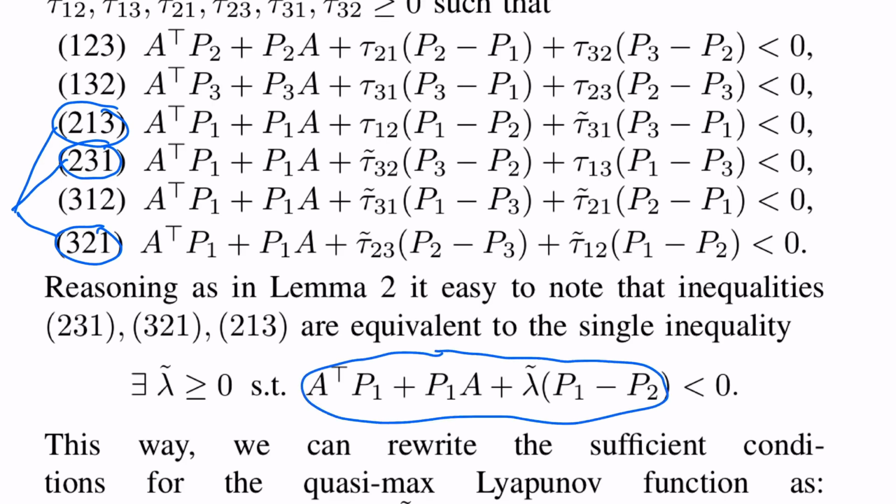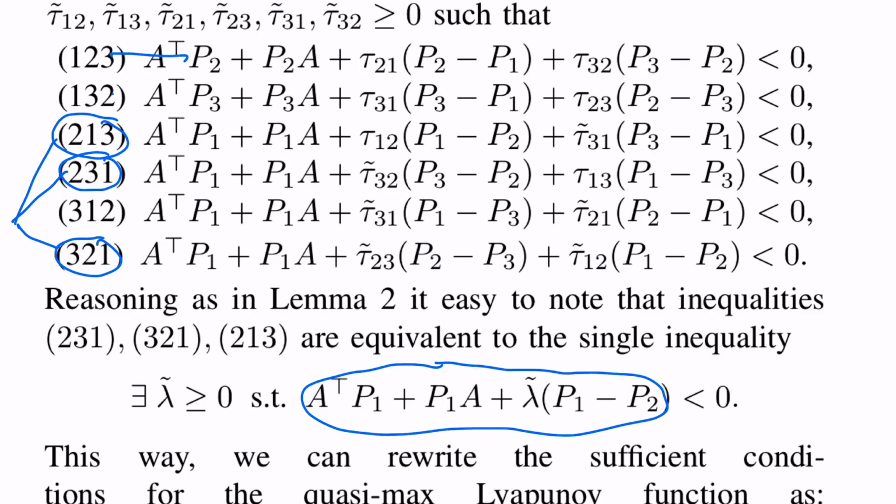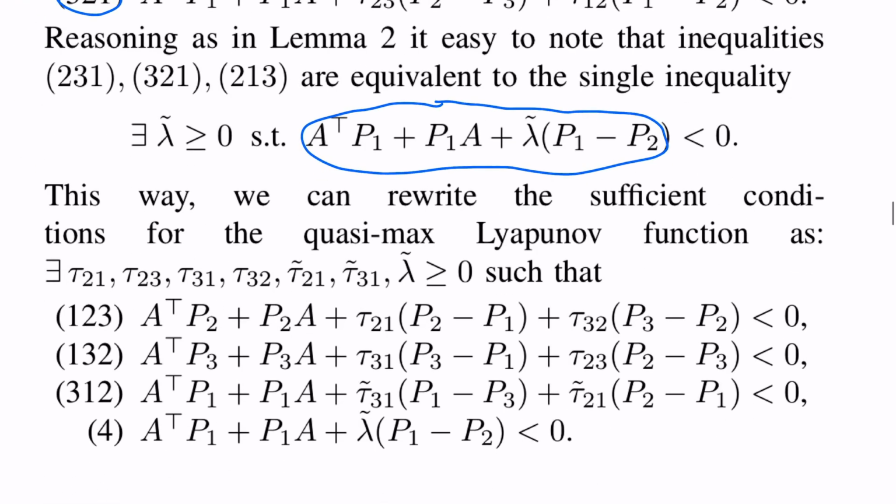So what did we do? Now we have 1, 2, 3, 4. Instead of having 6M, we would have 4M. What is M? M denotes the number of subsystems that you have, A1 through AM. And we would have 4M LMIs to satisfy.